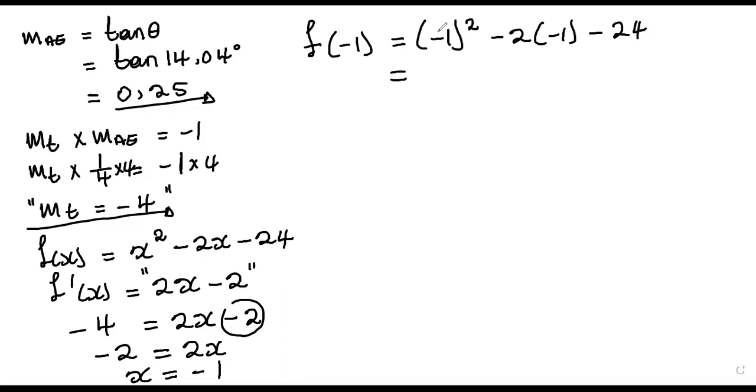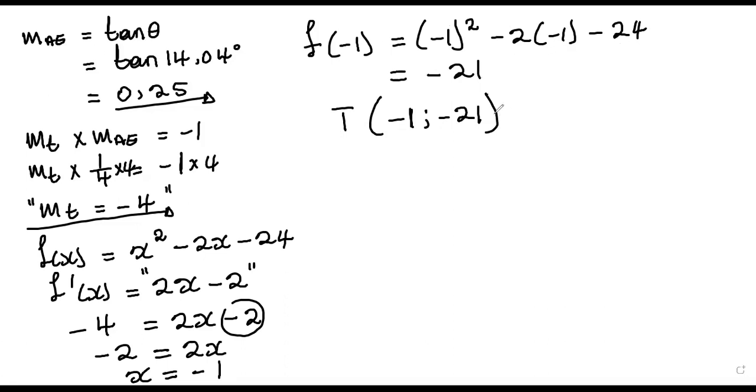So -1 squared is 1, and -2 times -1 is +2. So 1 plus 2 is 3, and 3 minus 24 is -21. It means the coordinates of point T are x is -1, y is -21.